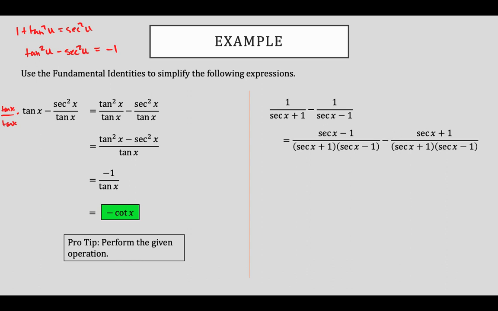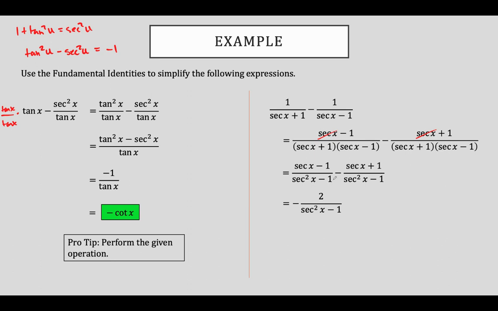Well, a secant x minus a secant x, those actually subtract out, all right? And I've got a negative 1 minus another 1. Well, that's going to leave me with a negative 2 in the numerator. And also notice that if I were to multiply out our denominator here, we end up with secant squared x minus 1. So this gives us negative 2 over secant squared x minus 1.